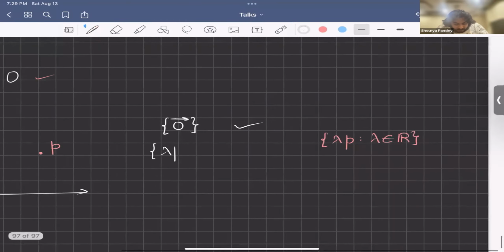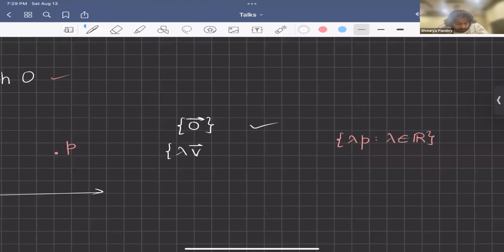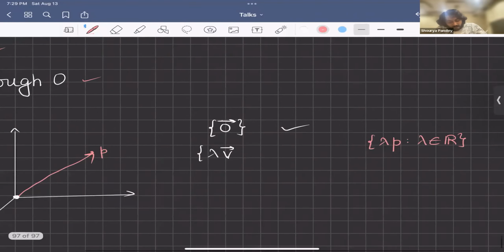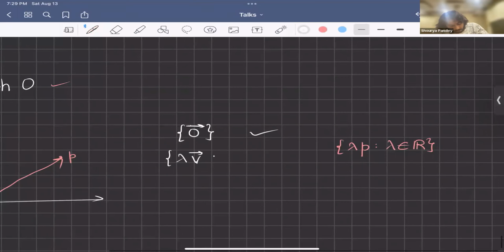Well, actually, let me say V instead of P, because I view these as vectors. These points in space are viewed as vectors. So I'll use V here henceforth, where lambda is here.